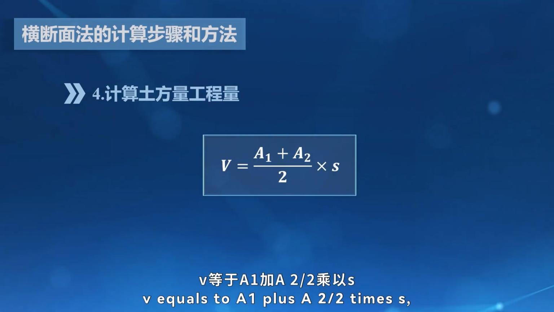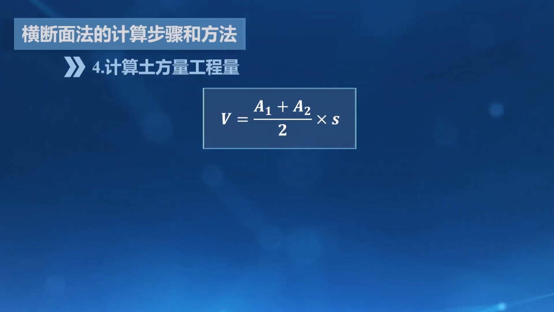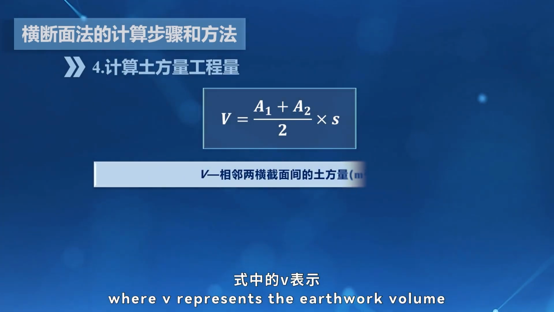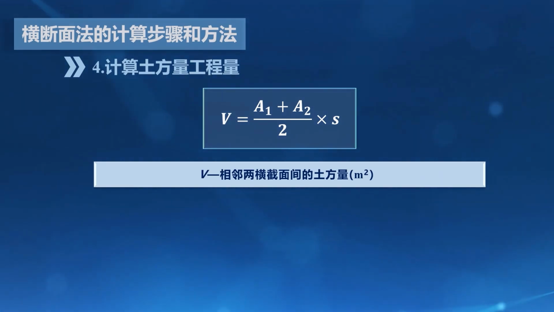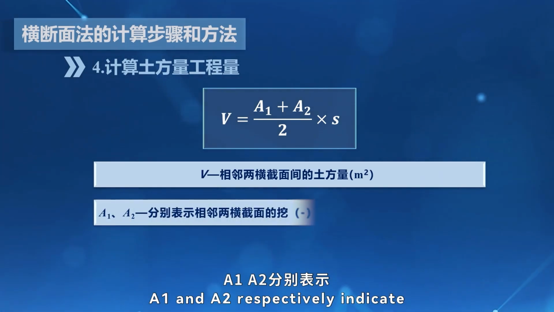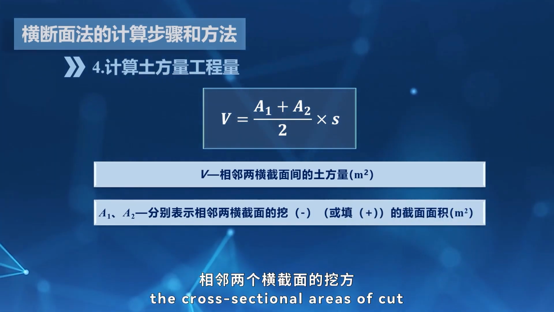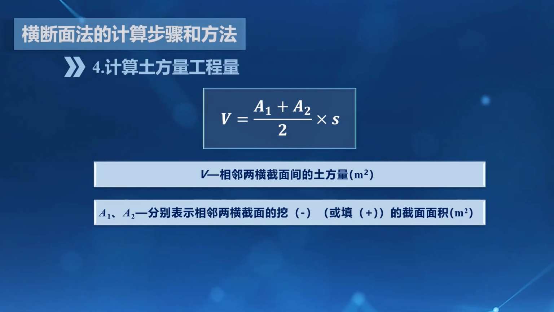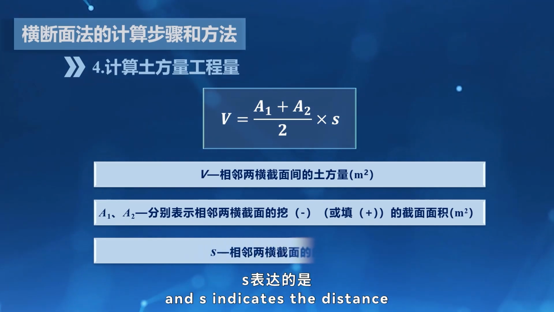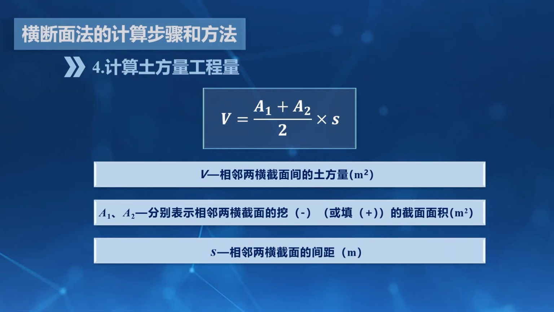V equals (A1 plus A2)/2 times S. Where V represents the earthwork volume between two adjacent cross-sections, A1 and A2 respectively indicate the cross-sectional areas of cut or fill of two adjacent cross-sections, and S indicates the distance between the two cross-sections.